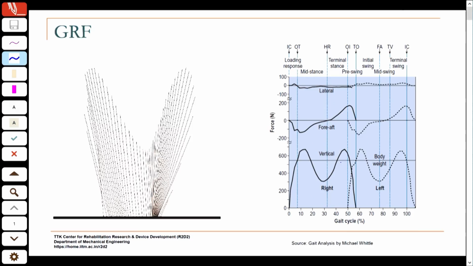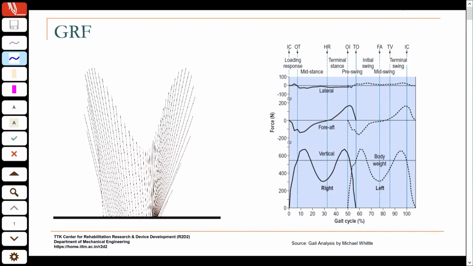Last class we looked at the pattern of the ground reaction force vector during the stance phase. You can see here that the vertical ground reaction force has a characteristic M shape, and that is the component that has the maximum magnitudes during gait.